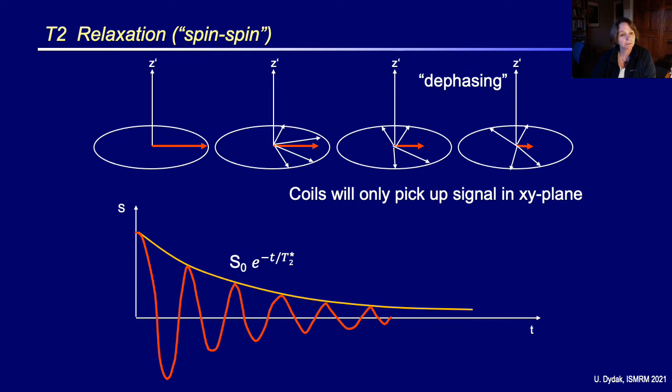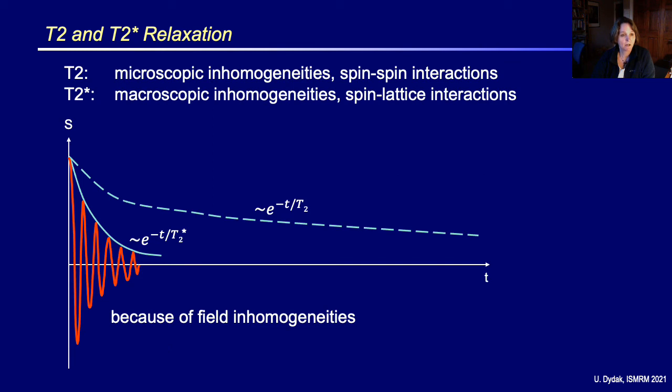Now, T2 relaxation in general, and T2* relaxation as well, is caused by the dephasing of the spins in our transverse axis. As we know, T2 stems from microscopic inhomogeneities and spin-spin interactions, whereas T2* comes from macroscopic inhomogeneities and spin-lattice interactions. And T2* is usually much shorter, and therefore the signal decays very quickly.